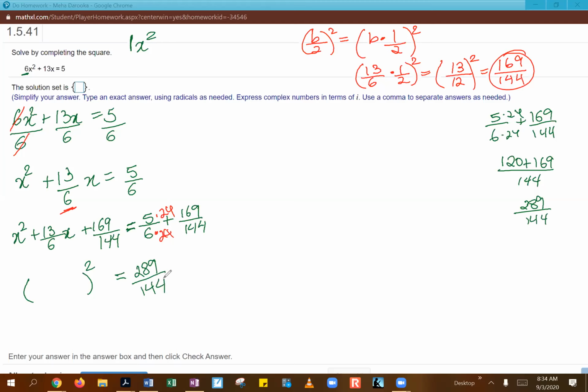Now, can you tell me what our factored term on the left-hand side will be? We have x squared plus 13 over 6x plus 169 over 144. So again, we are looking for two numbers that multiply to give us 169 over 144, but add up to give us 13 over 6.